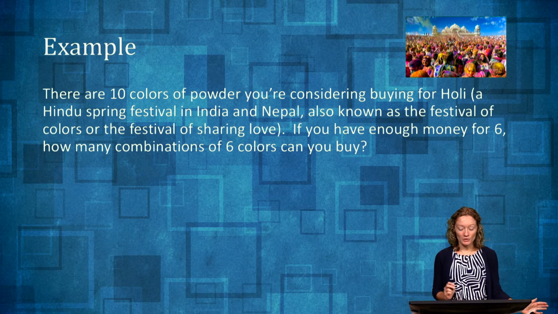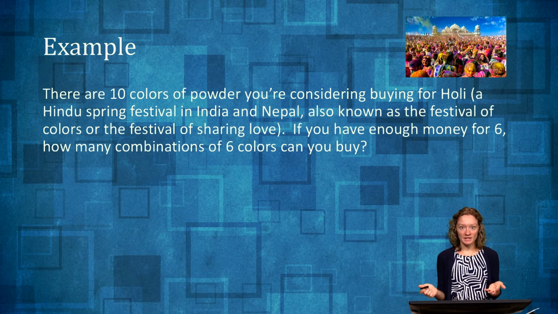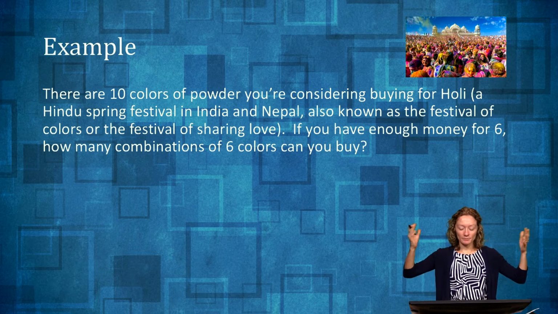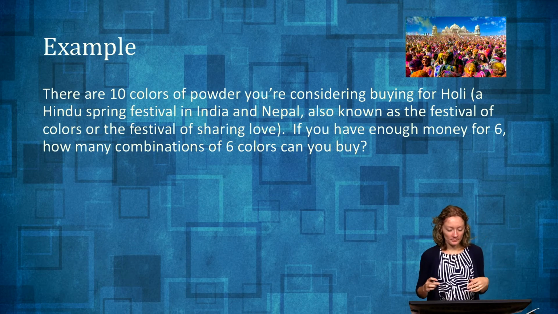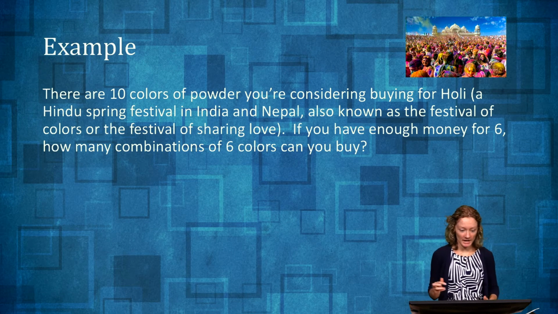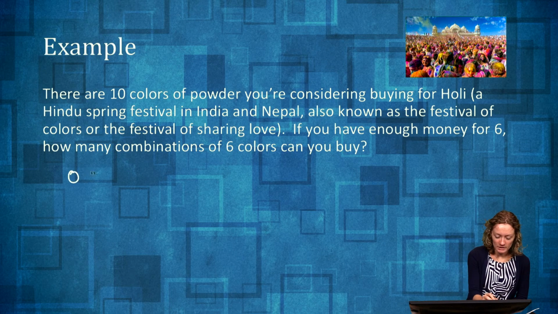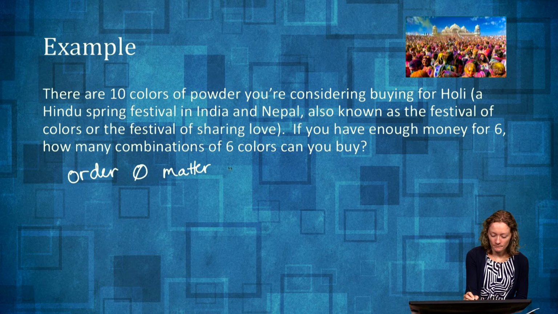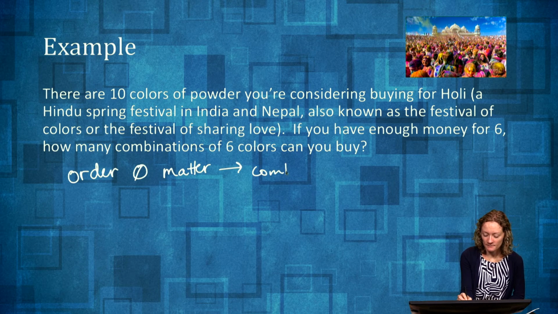All right, so the order of those 6 definitely doesn't matter. The order that you bring them to the counter, the order that you throw them in the air, sort of like a color run, that doesn't matter. It might be fun for you to do different variations on them, but you're just choosing 6 of them from the 10. So the order does not matter, which means it's a combination.